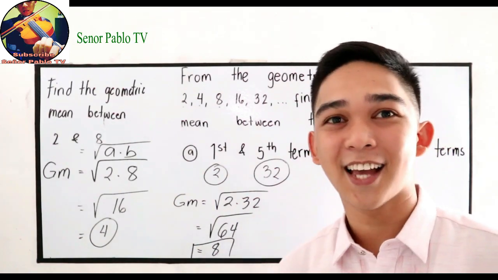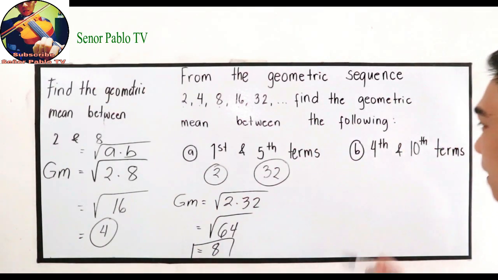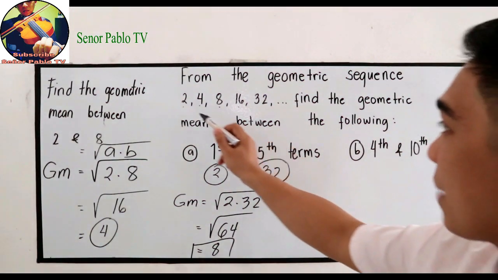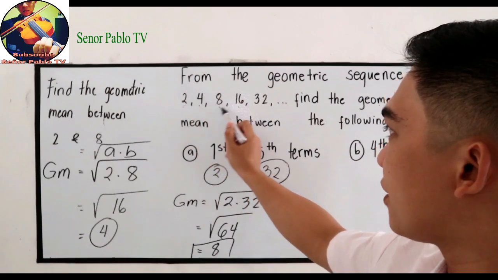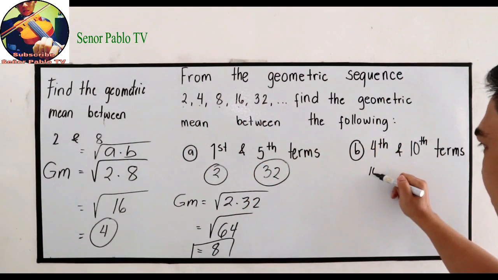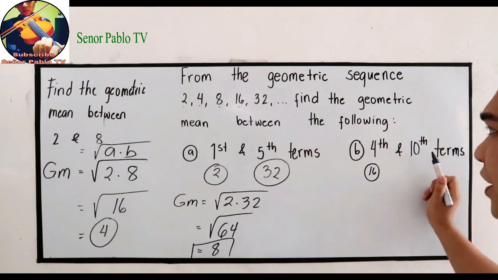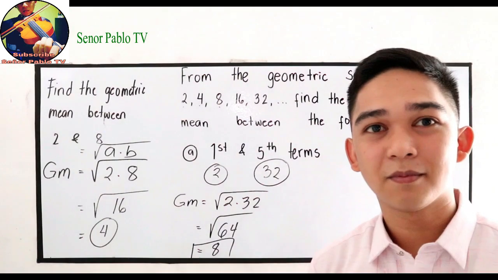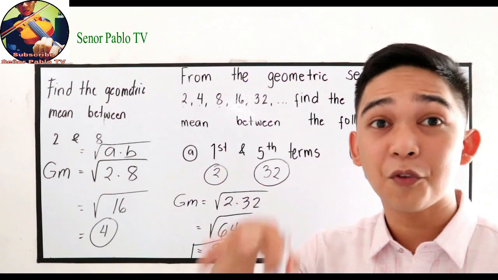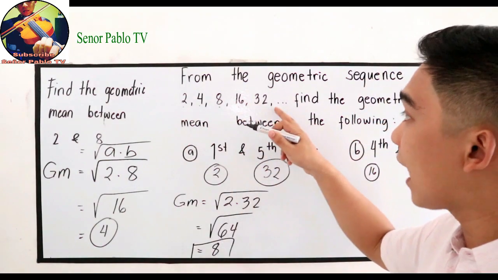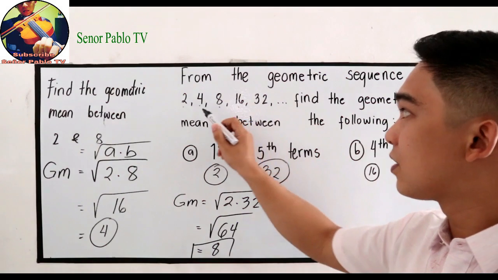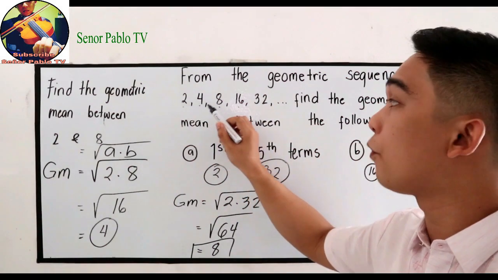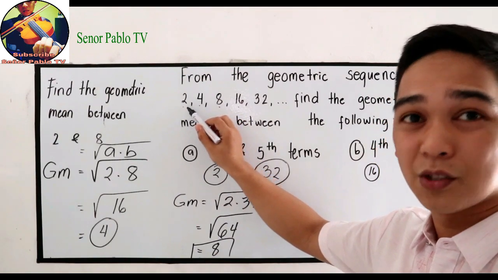So, madali lang siya. Next, 4th and 10th term. So, hanapin natin si 4th term: 1st, 2nd, 3rd, 4th. That is 16. 10th term, kunin natin. Hanapin muna natin si 10th term. Pwede natin gamitin yung formula or mag-multiply na lang tayo ng common ratio dito. So, ang common ratio natin, A2 divided by A1. So, 4 divided by 2. That is 2.